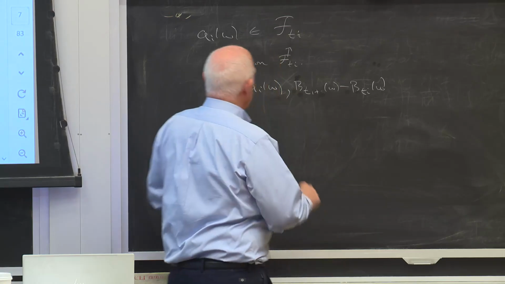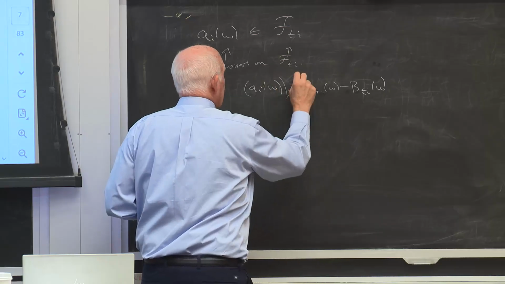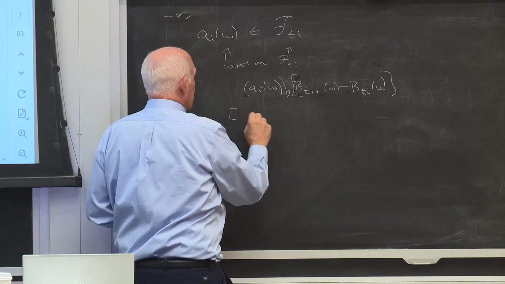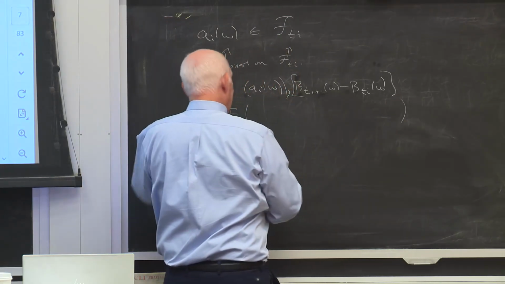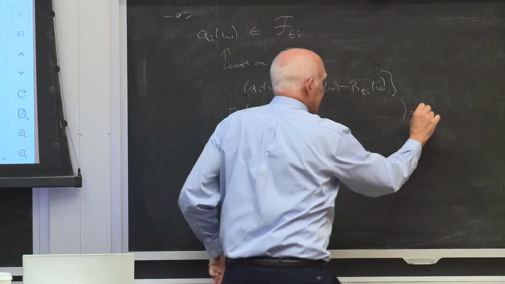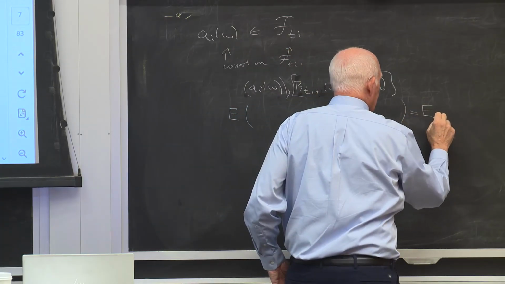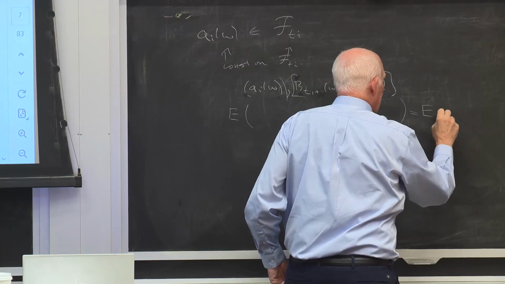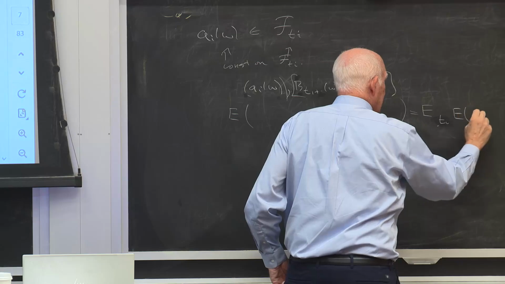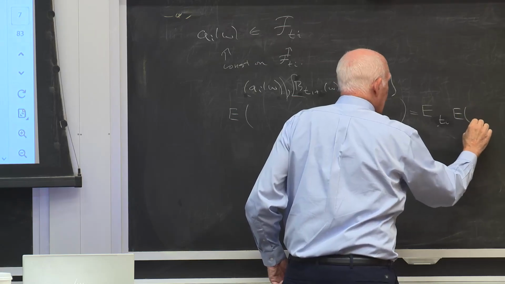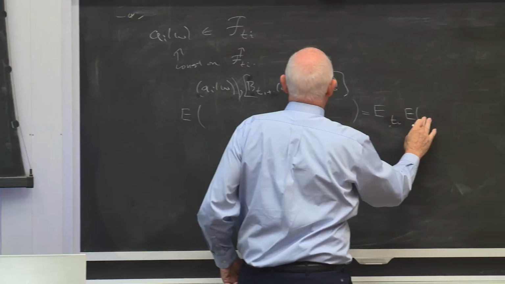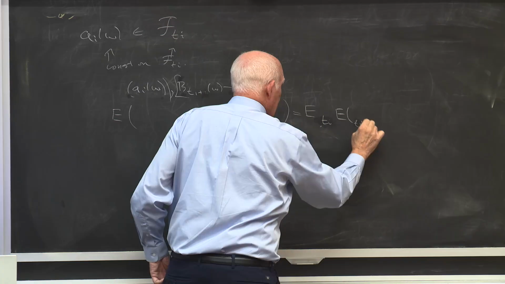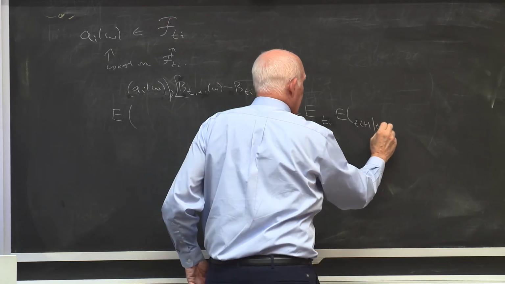And so its expectation, if we take the product of these two and take expectations, we can take the expectation over ti times the expectation over ti plus 1 given ti.